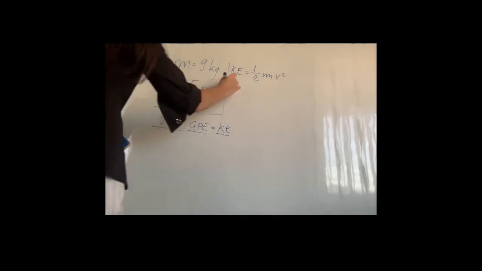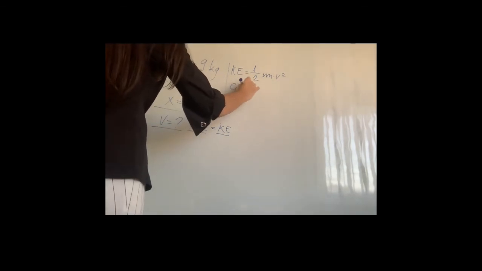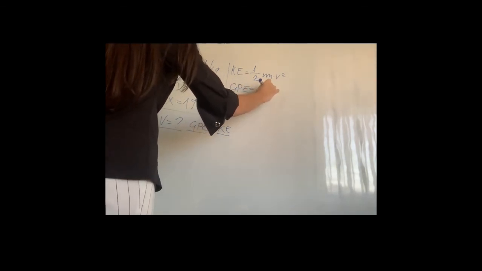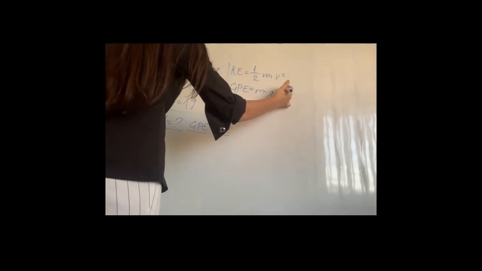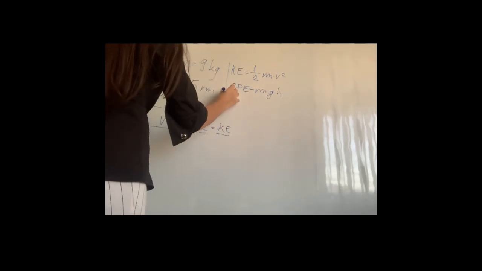Okay, and the formula for gravitational potential energy is mass times g times h.